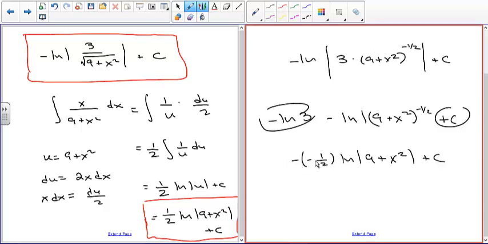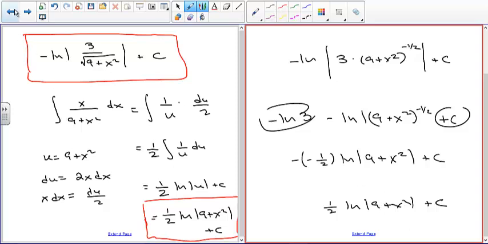And negative 1/2 times negative 1 is 1/2. So you get 1/2 the natural log of the absolute value of 9 plus x squared plus c. So you do get the same answer. So they are the same answer. You just have to use the properties of logarithms to show that they are the same thing.